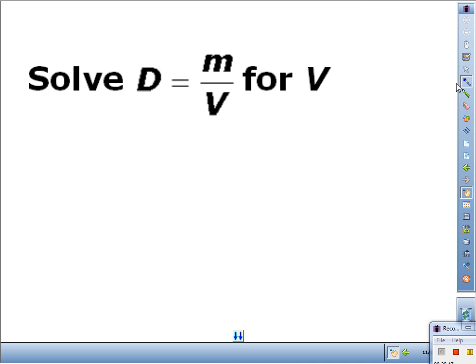So we need to solve for V. So what shall we do on this one?